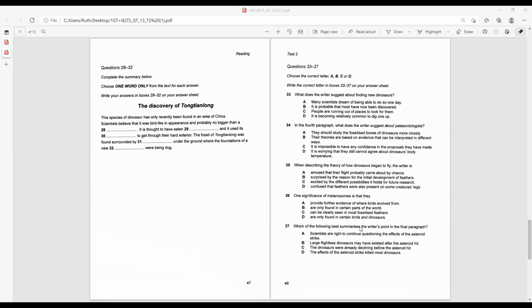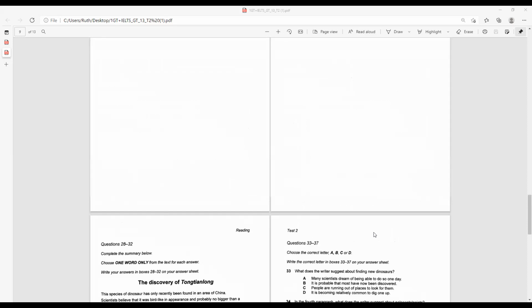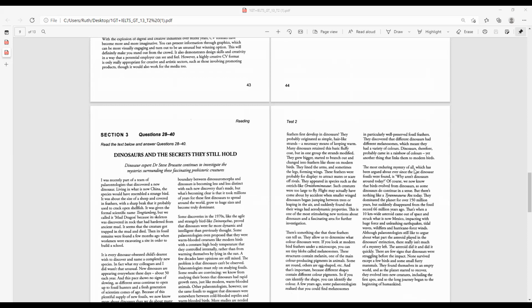Which of the following best summarizes the writer's point in the final paragraph? So it's only talking about the last paragraph, so we skim through the last paragraph.